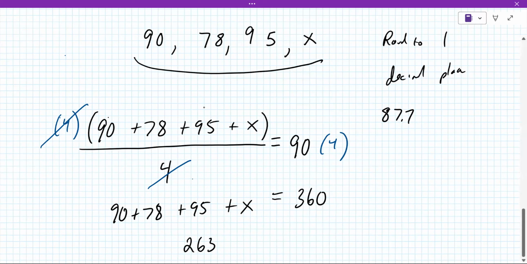263 plus x. All right. How do you solve for x? What's the last thing?